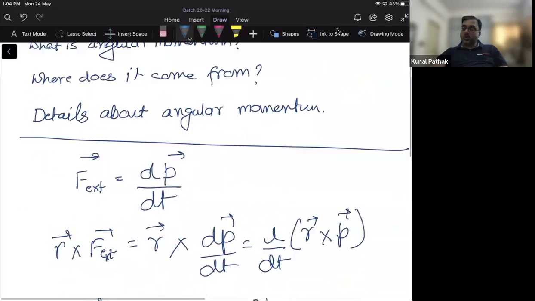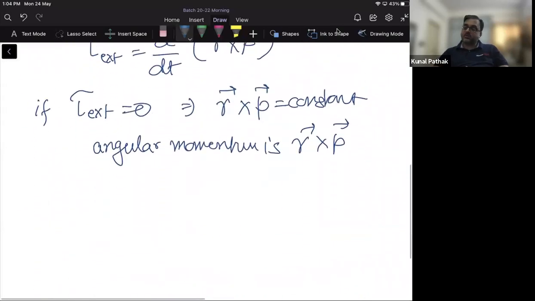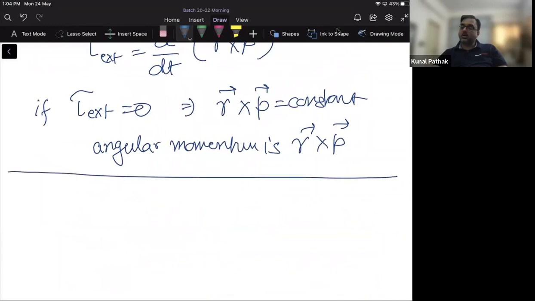Okay. So where is angular momentum coming from? Well, angular momentum is coming from the rotation. So angular momentum has roots in rotation. However, it does not mean that a body should be rotating for it to possess angular momentum.